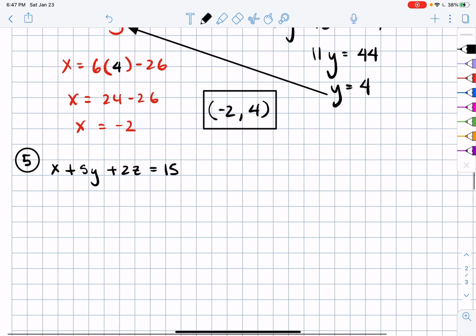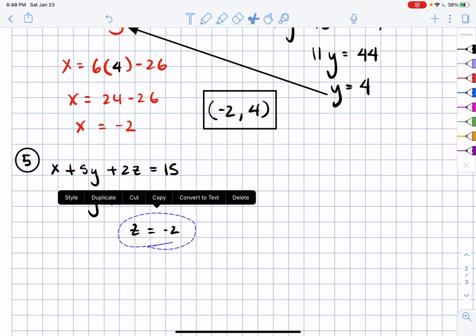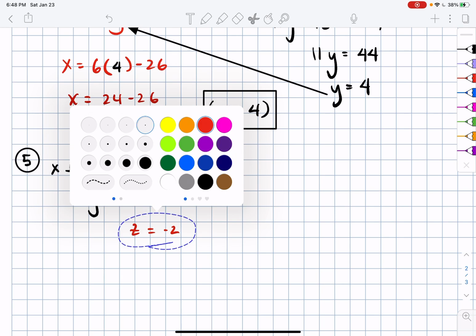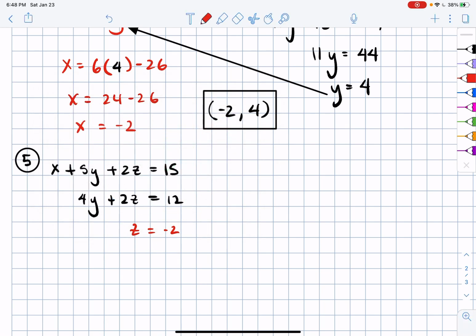I have 4y plus 2z is equal to 12, and z is equal to negative 2. So these are the 3 equations, 3 unknowns problems that you really want, you know? Why? Because this right here has already given you a result, right? So all I'm going to do is take this z and plug it right in here, okay?